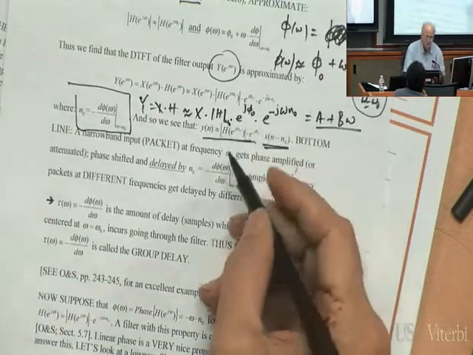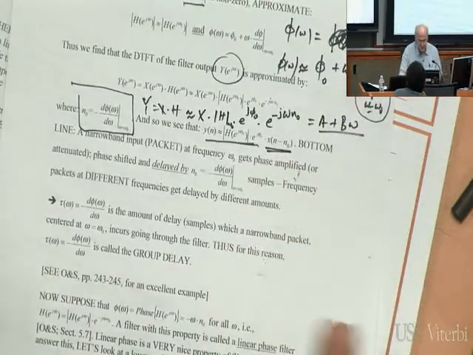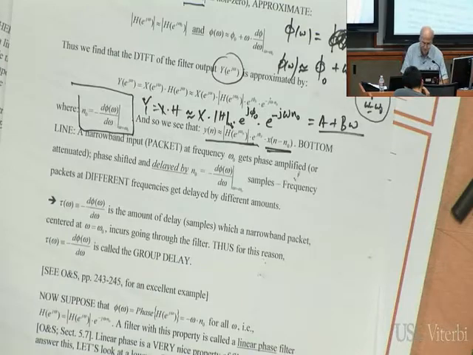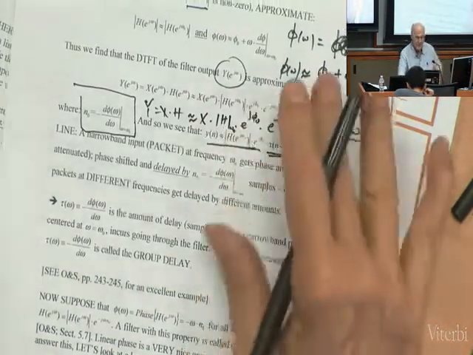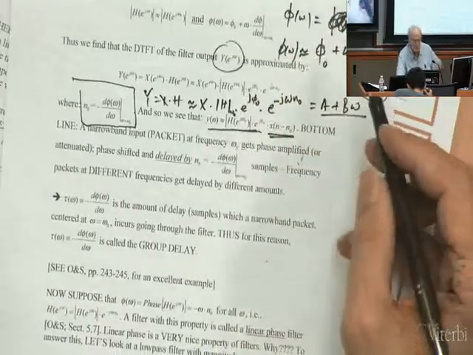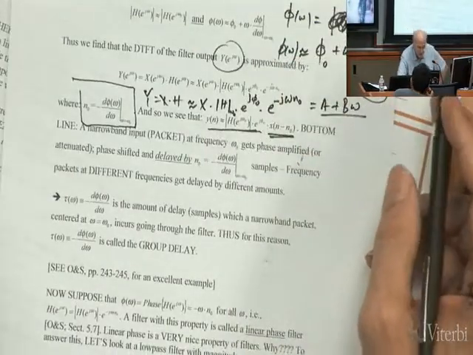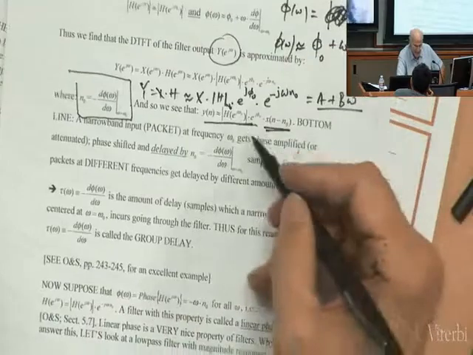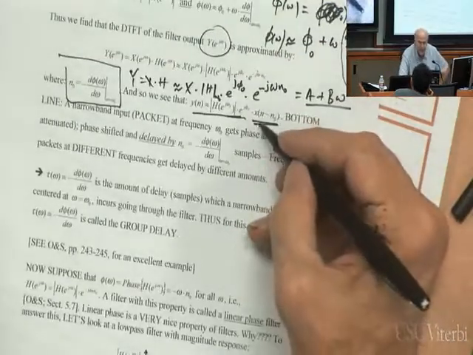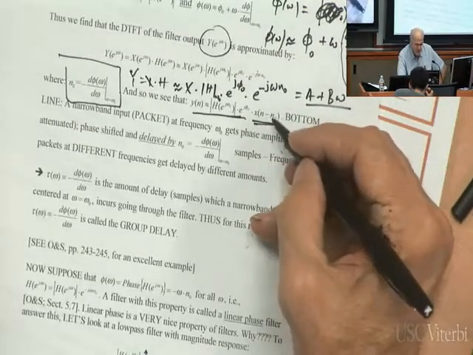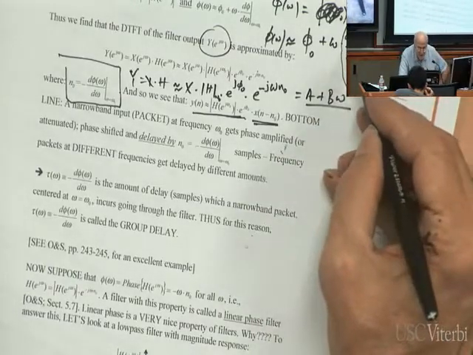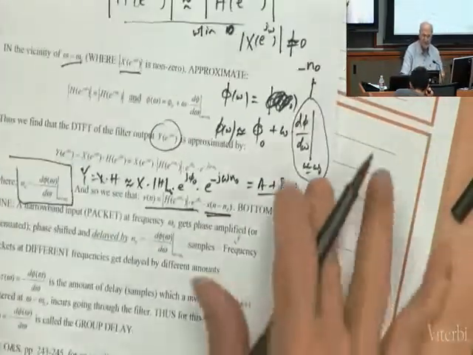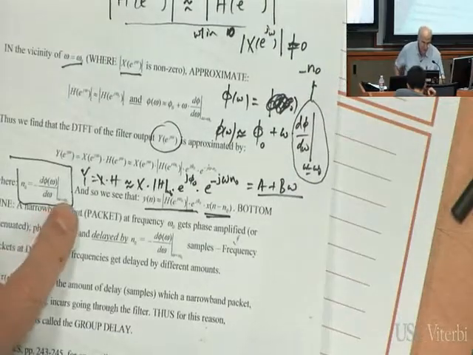So what you've seen is that for a very, very narrow band input centered at some frequency omega naught, the output through any filter H of e to the j omega can be written as some constant times the narrowband input, just delayed by n naught samples, where n naught is minus d phi d omega, evaluated at omega equal omega naught.